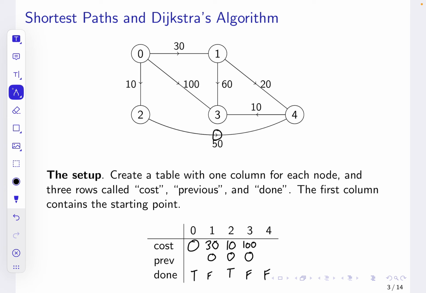So instead, we're going to write the weight of the total path from 0 to this node, 4, which is this edge of weight 10 plus this edge of weight 50 for a total weight of 60. We got to 4 from 2, so we say that its previous node is 2.